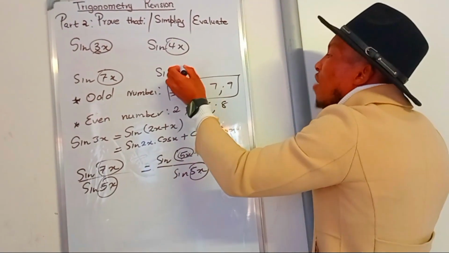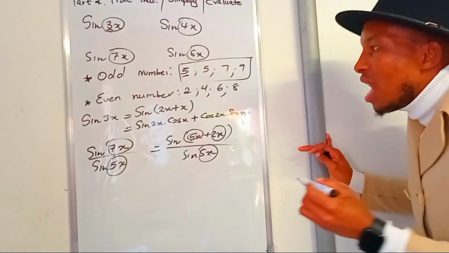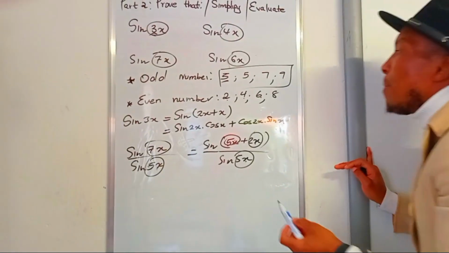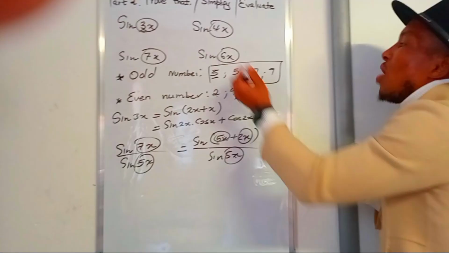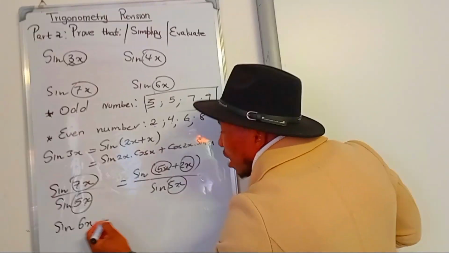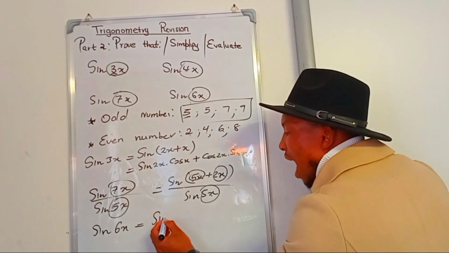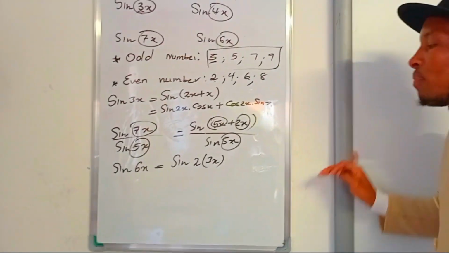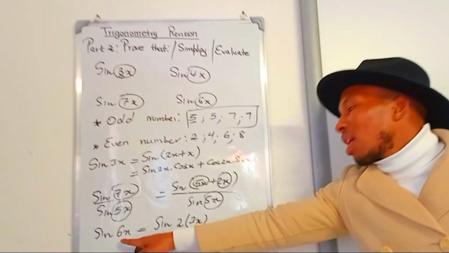But now, an even angle is an even number, as you see: 2, 4, 6. They are asking you for the double angle of this sine. Like sine 6x equals sine 2 times 3x. 2 times 3 is equal to 6.